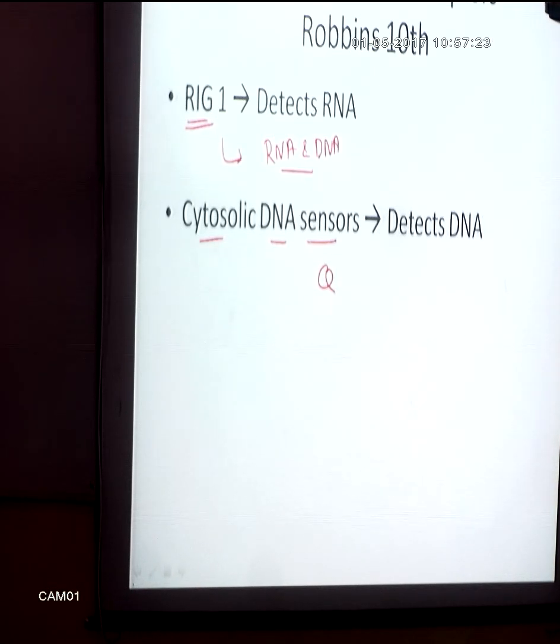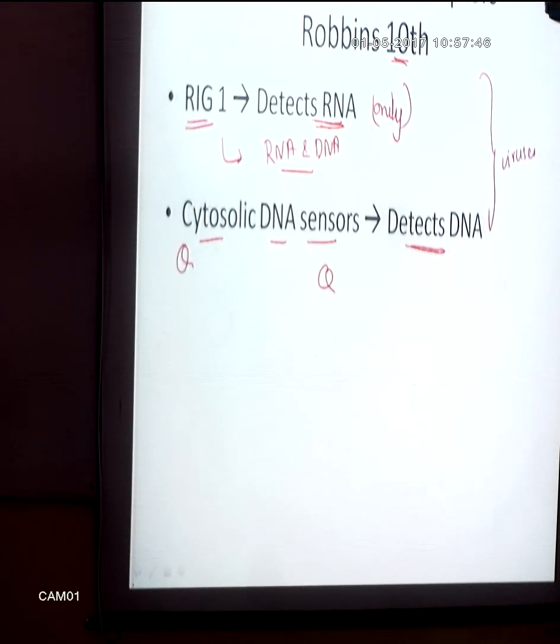What Robbins 10th says is RIG-like receptors detect only RNA, and cytosolic DNA sensors detect DNA. Carefully note the change. All these are related to viruses. So this is a new addition.